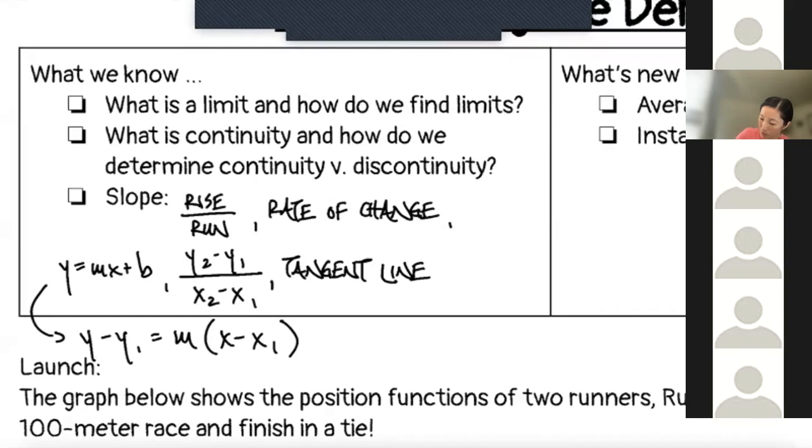Now, just as a heads up, even though we love y equals mx plus b, if I could go back and tell all of the middle school and early high school teachers one thing, I would say, teach y minus y1 equals m(x minus x1) more than y equals mx plus b. We're going to be using this one a lot more, which is why I'm highlighting that right there. But I also want us to remember that our slope is going to be y2 minus y1 over x2 minus x1. Okay.